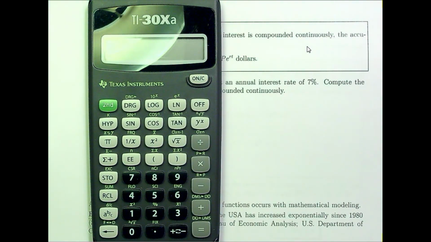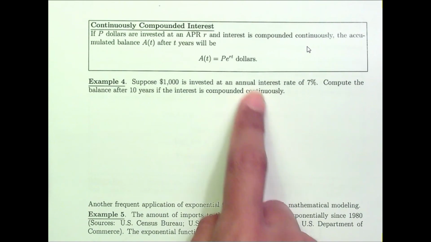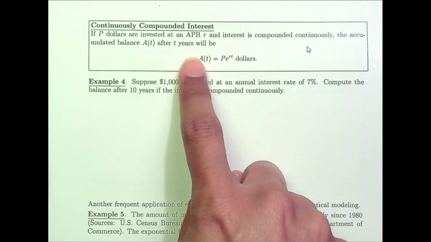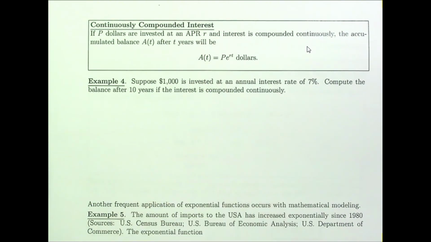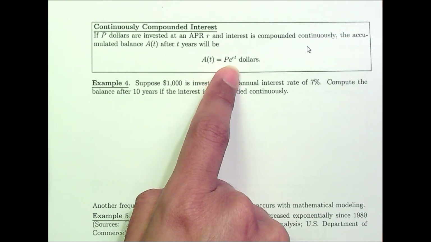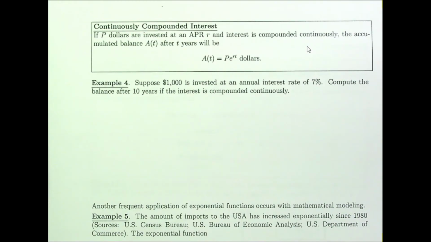And then r is as before, the APR, and t is as before the time in years. Some people memorize this formula by reading it out loud: PERT. So that's the continuous compound interest PERT formula.